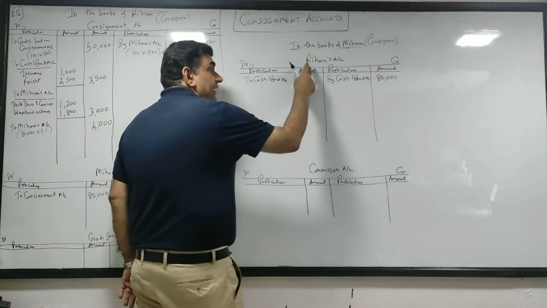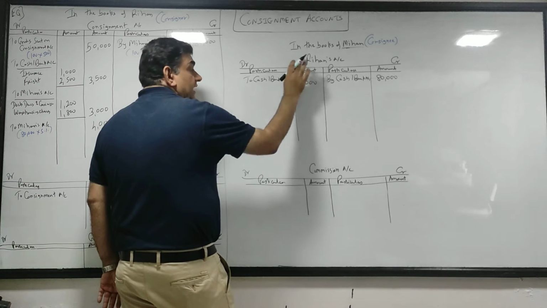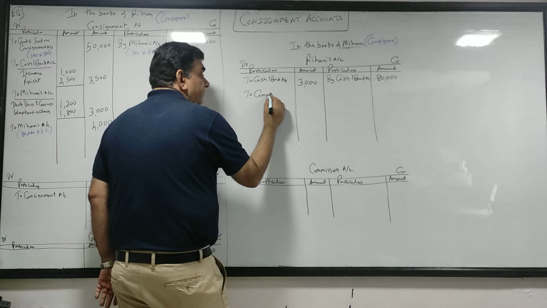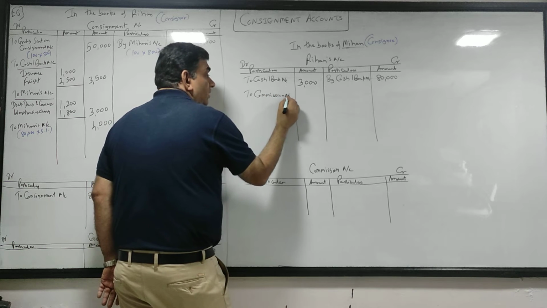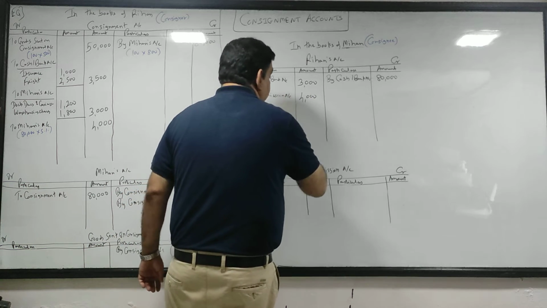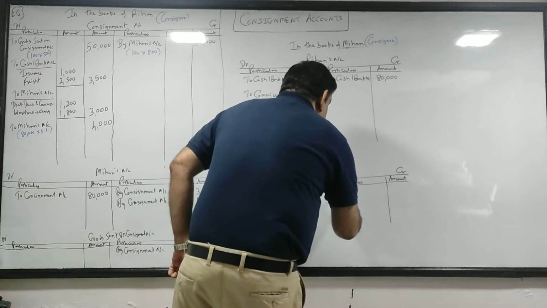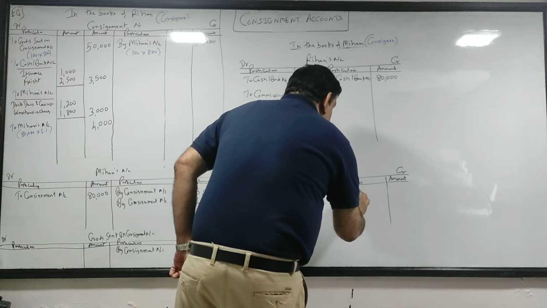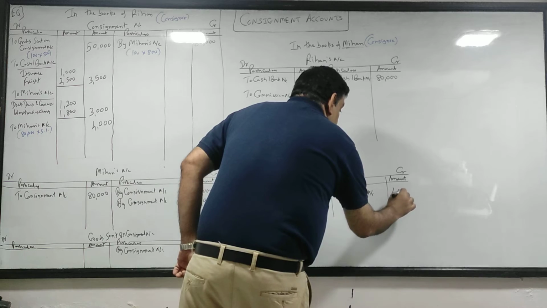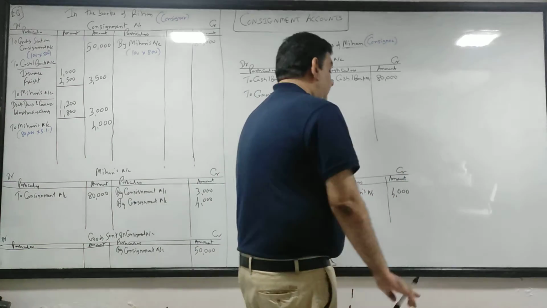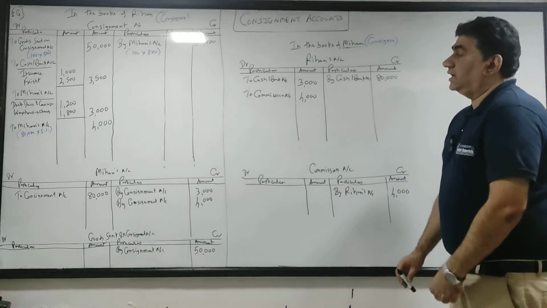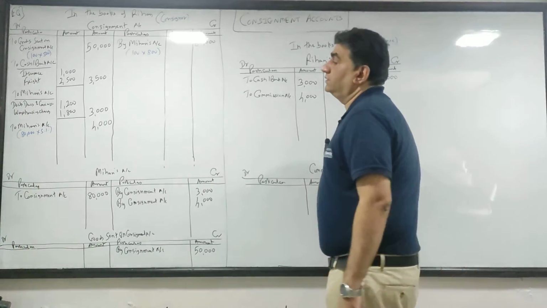So recover है receivable from Rihan, so we debit Rihan, and this is an income for him. So to commission account, brackets में already मैंने amount लिखा है 4,000, and commission में आएगा by Rihan's account 4,000.